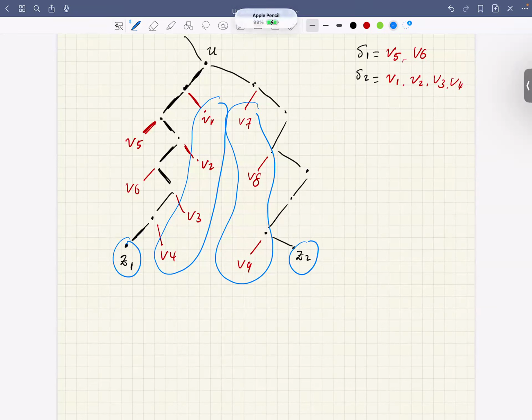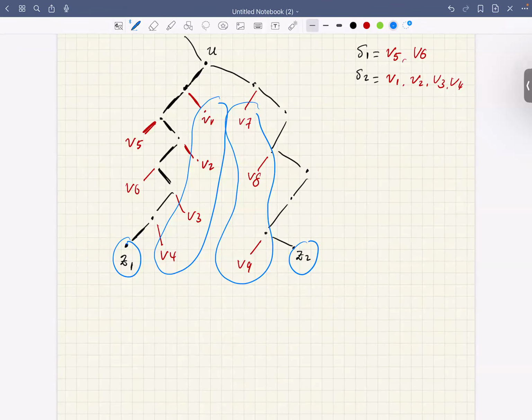Now think about everything to see if it makes sense. First of all, I want a cover. As you can see, I want all the leaves in between Z1 and Z2. But look at U. U is the LCA of Z1 and Z2.